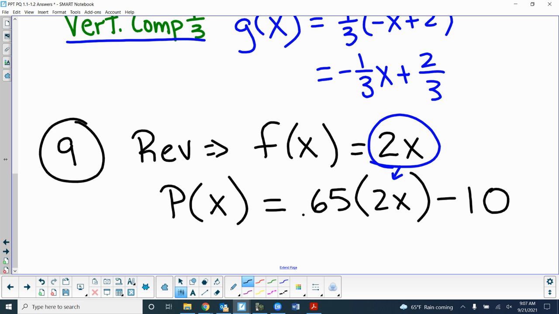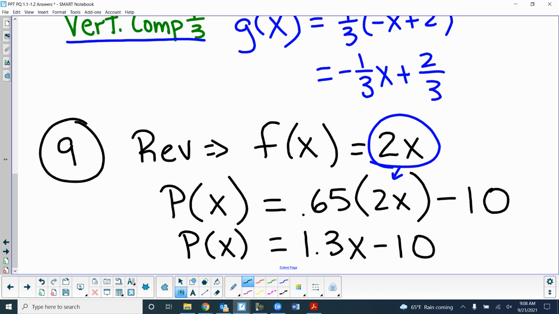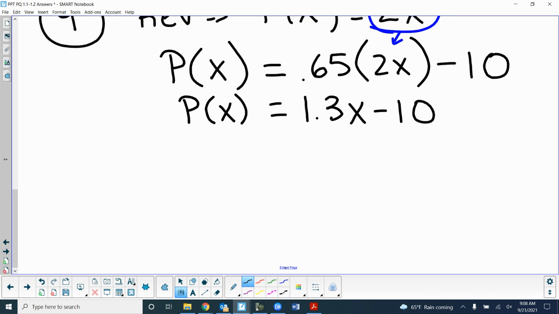So clean that up. What's 0.65 times 2x? Is that 13? Oh, no, 1.3, sorry. I went too many decimal places over. So there's our function for the profit, a little equation.